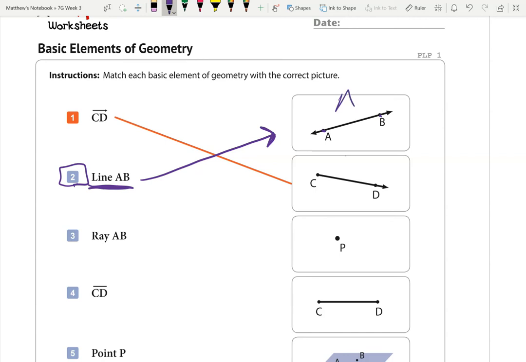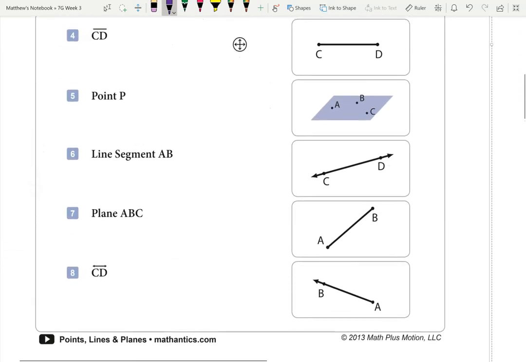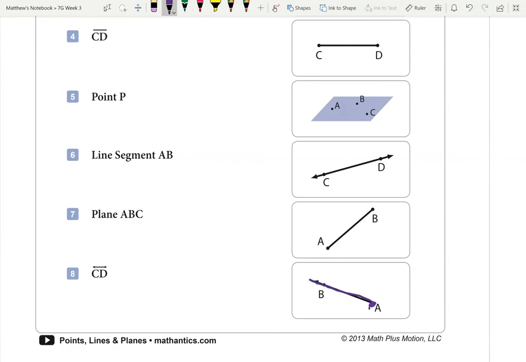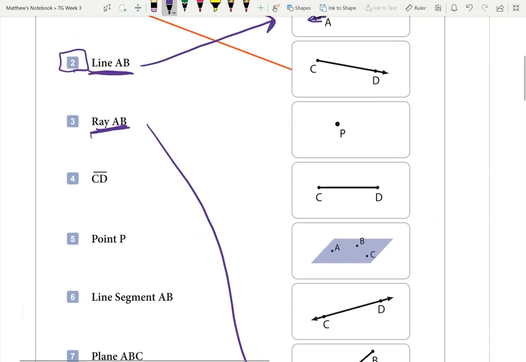It passes through points A and B, and it goes past those points in both directions. And then we have ray AB. A ray starts at one point and then passes through the other and keeps on going. So that'd be this one here. So I'm going to connect this one all the way down there.